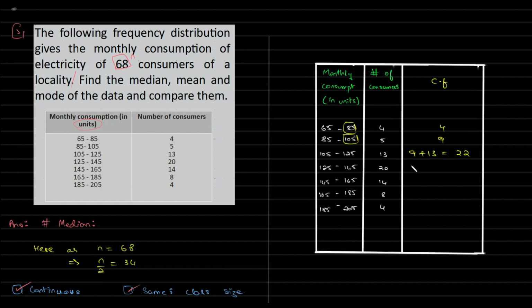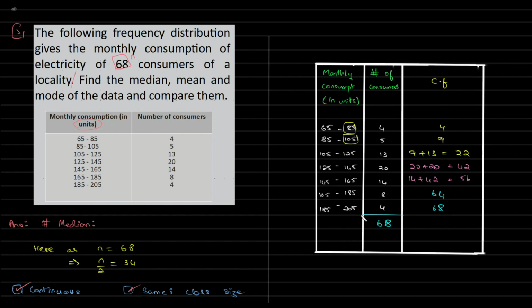So 22 plus 20 is equal to 42, 14 plus 42 is equal to 56, 56 plus 8 is 64, and 64 plus 8 is 68. This is your n, same as what is given. So we have done it right.